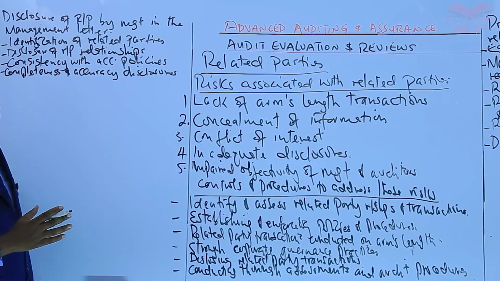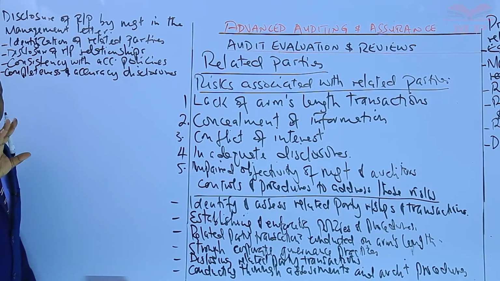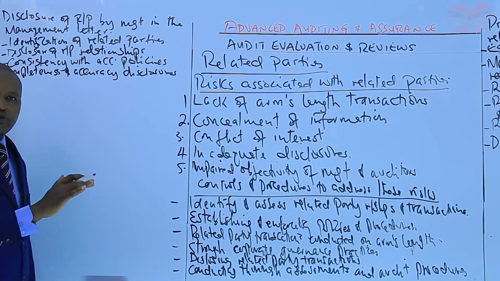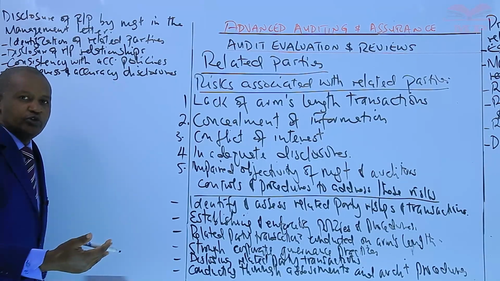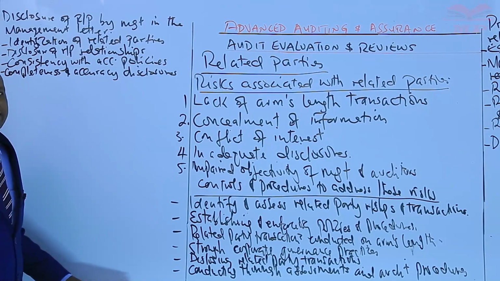Now the management under this point represents that the related party disclosures in the financial statements are complete and also accurate, providing a true and fair view or picture of the entity's related party relationships and transactions.